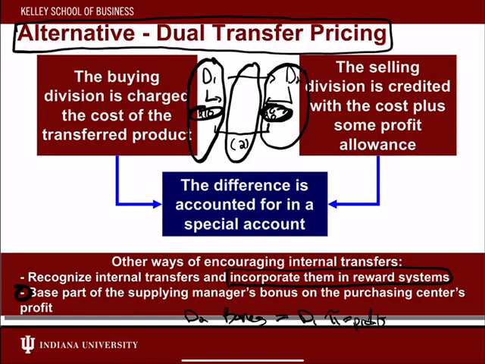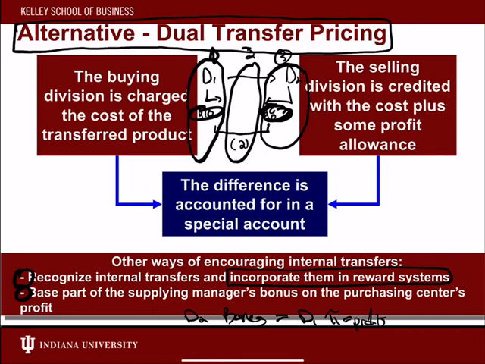So now they're willing to give Division One a really good sales price, because Division One's profits help them. So using this dual transfer pricing and incorporating some of these things into the reward systems can really help the different divisions work together. The bad part about using a dual transfer pricing system, like we said, is it requires 3 sets of books.